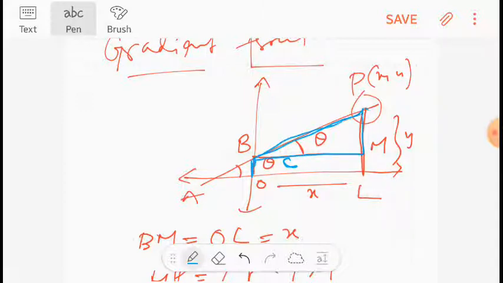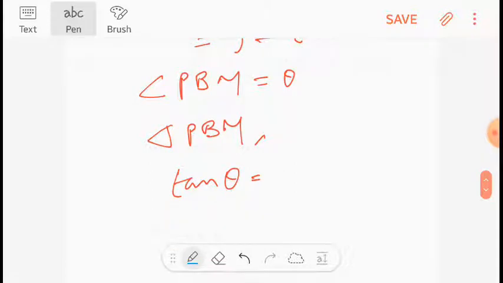Now here this angle is theta, and if you consider here the tan theta, then it will be PM by PB definitely. Okay, so tan theta equal to PM by PB, right? So that means PM equal to, we previously said, y minus C, and PB equal to x.